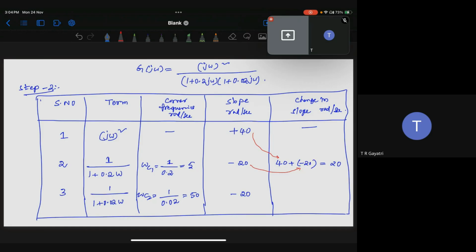Next we take this 20 and add this one, so 20 plus minus 20 is 0. Are there any doubts in finding this table? No, sir. Yeah, so based upon this table we will write our Bode plot.